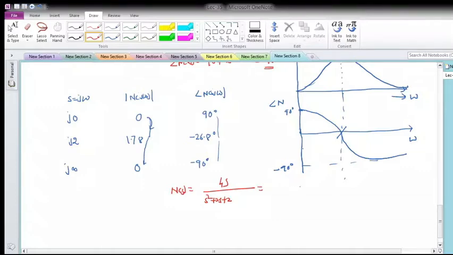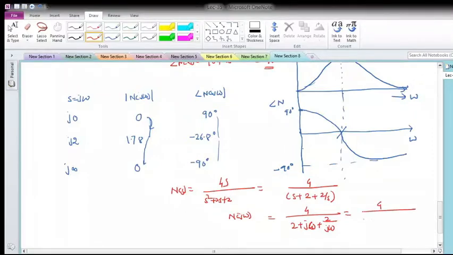If I take s common, it will be 4 upon s plus 2 plus 2 upon s. Substituting s equal to j omega, you can write 4 over 2 plus j omega plus 2 upon j omega, which is 4 over 2 plus j times omega minus 2 upon omega.